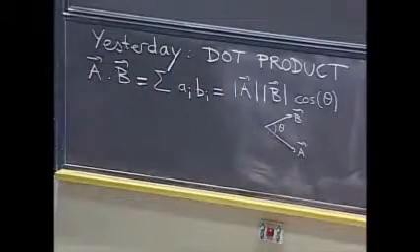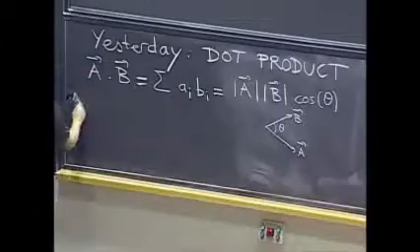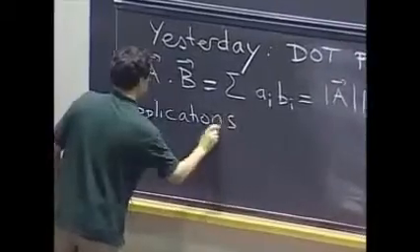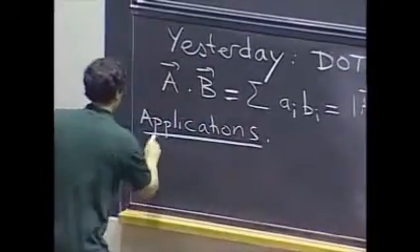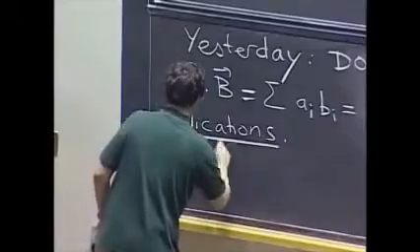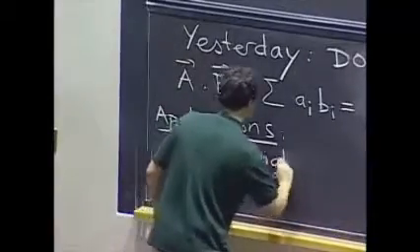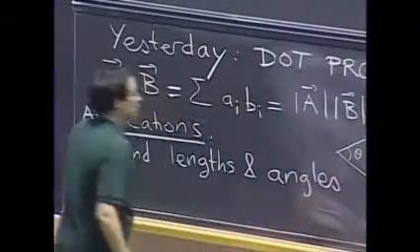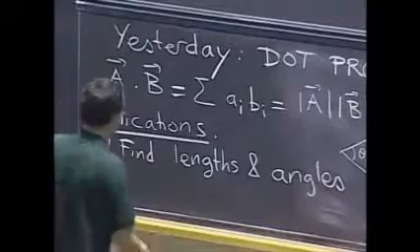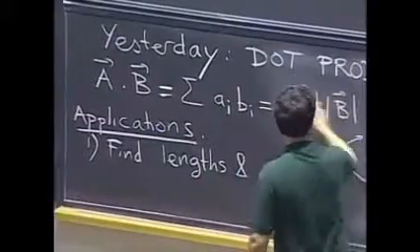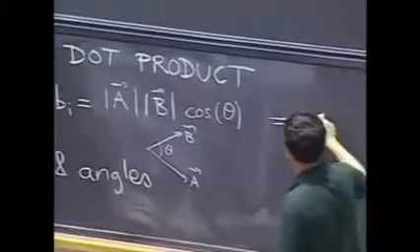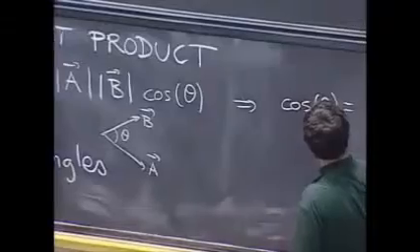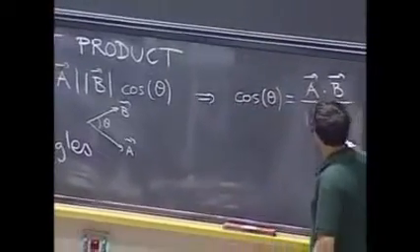So we've seen several applications of that. So one application is to find lengths and angles. So, for example, you can use this relation to give you that the cosine of the angle between two vectors is their dot product divided by the product of the lengths.